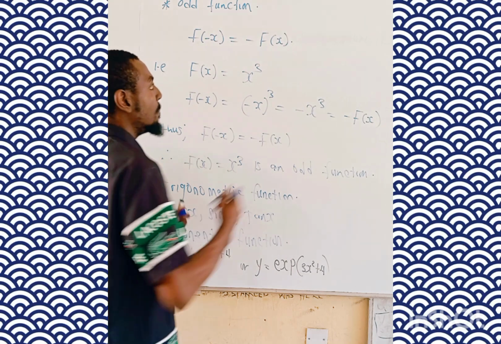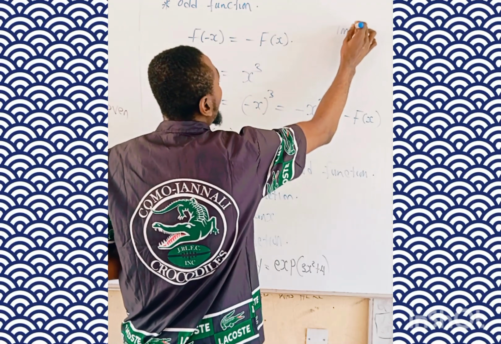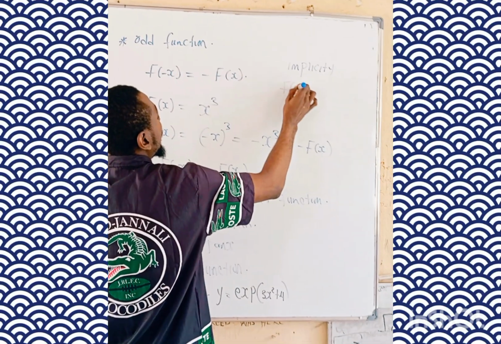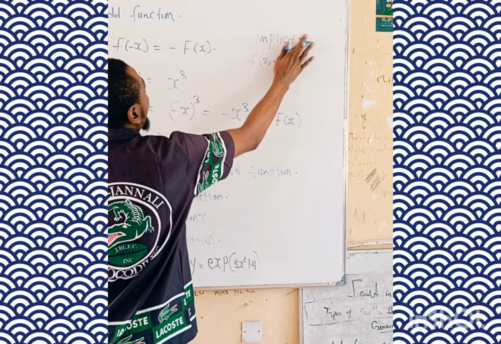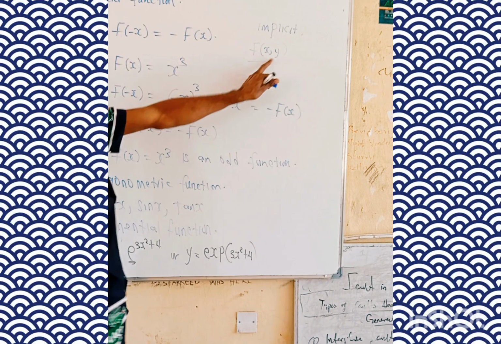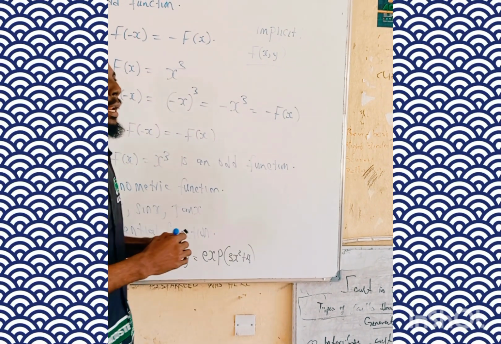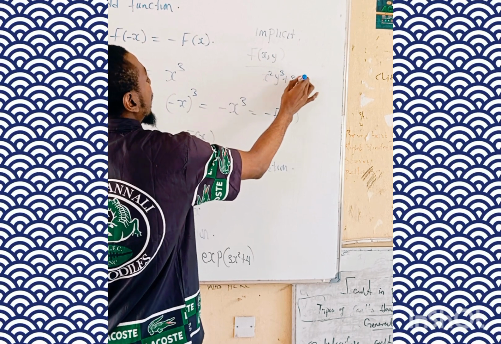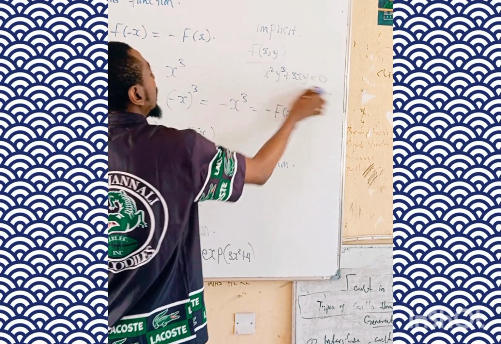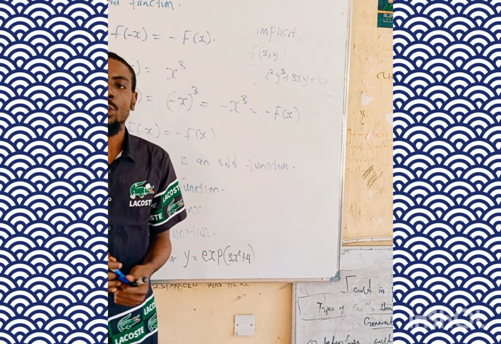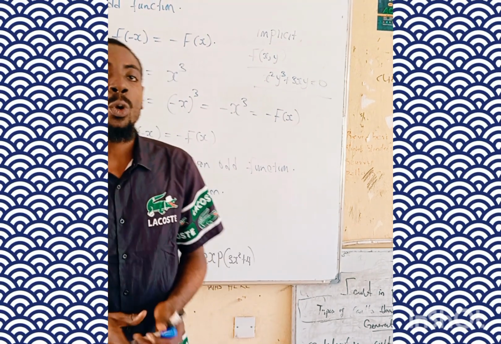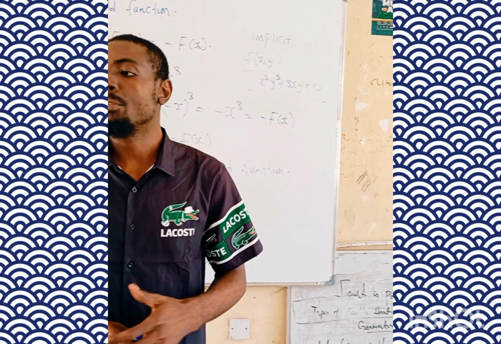Like for instance, I can say x squared y cubed plus 3xy equal to 0. This is an implicit function. When we get to implicit definition and implicit differentiation, we are going to elaborate on that very well.